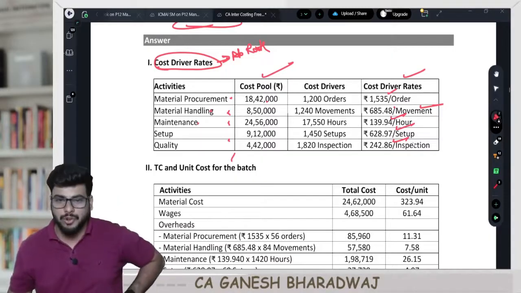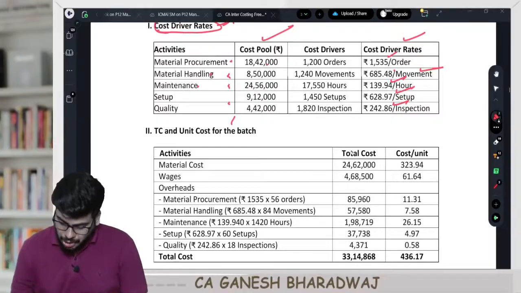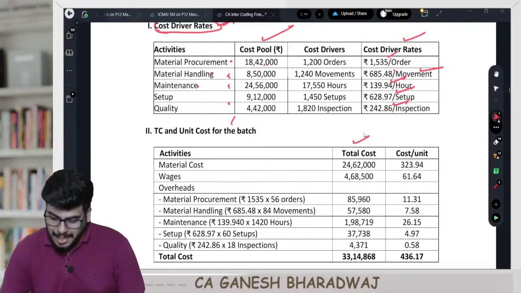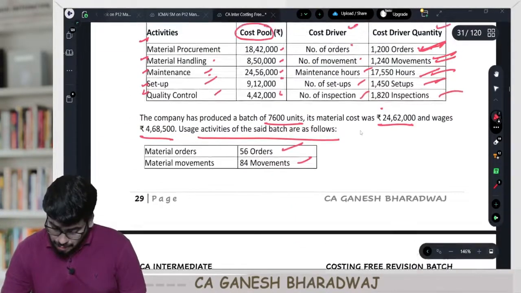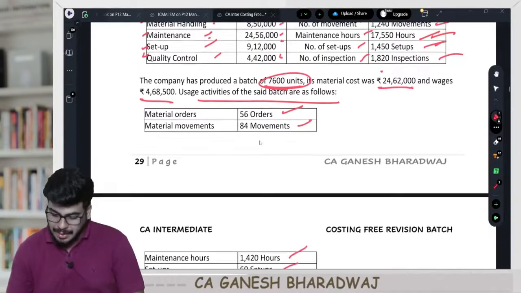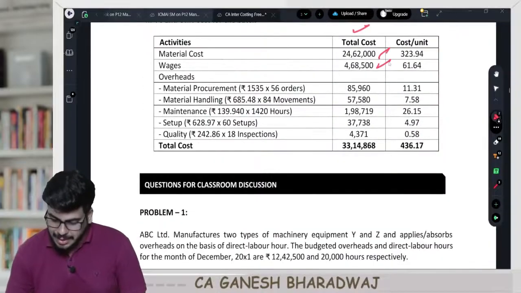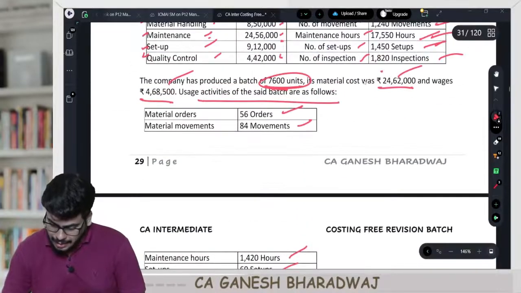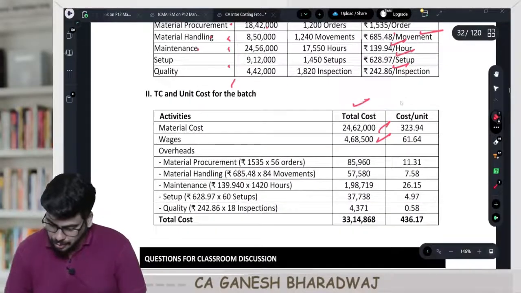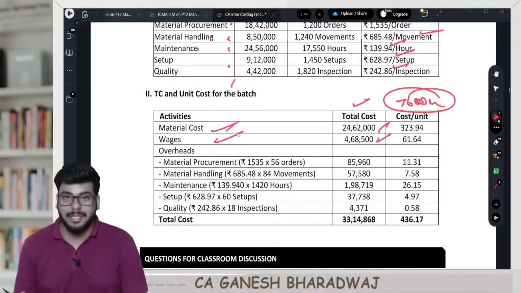Now what will you do? They have given us that, look at this, for a particular batch with a batch size of 7600 units, the material cost and the wages cost. So now material and labor are given.